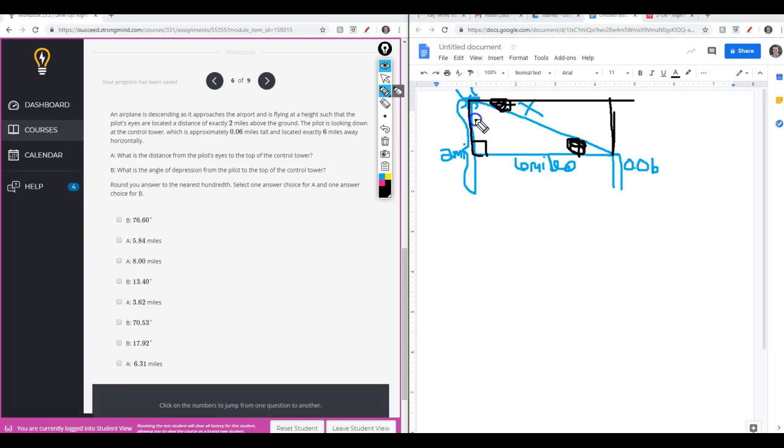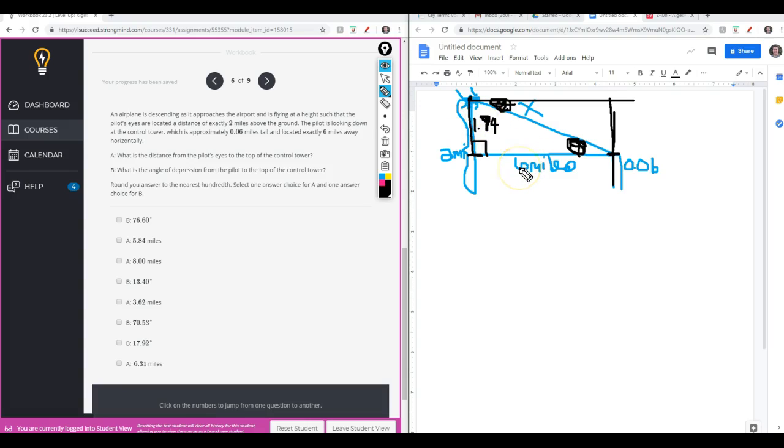So we know that this length is 1.94. The reason why is because this is 0.06 miles tall, the control tower, and the total length from the pilot's eye to the ground, which was including that, was 2 miles. So we subtracted it, and it's 1.94 remaining. So that's how tall this leg of the triangle is.